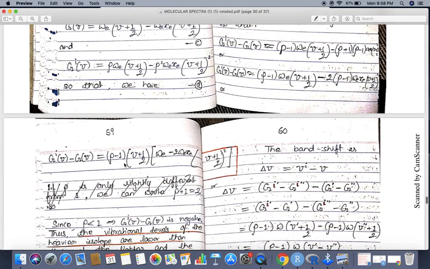So finally you will get (ρ − 1)(ν + 1/2) outside, and [ω_e − 2ω_e x_e(ν + 1/2)].